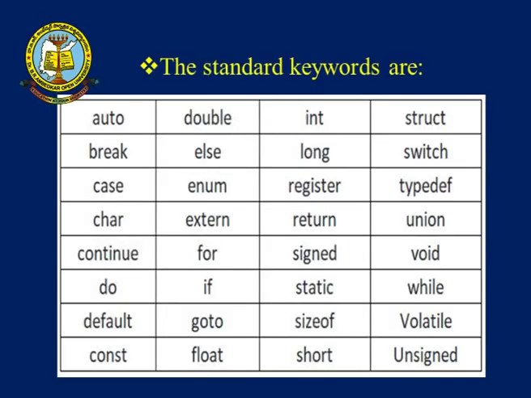They are listed here: auto, double, int, struct, break, else, long, switch, case, enum, register, typedef, char, for, if, do, static, while, etc. Whether you use them or not, you should know all these keywords, so as not to use them as identifier names. It will give you an error if you use these keywords as your identifier names.